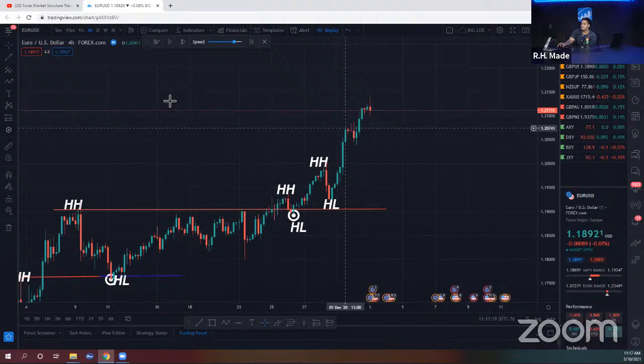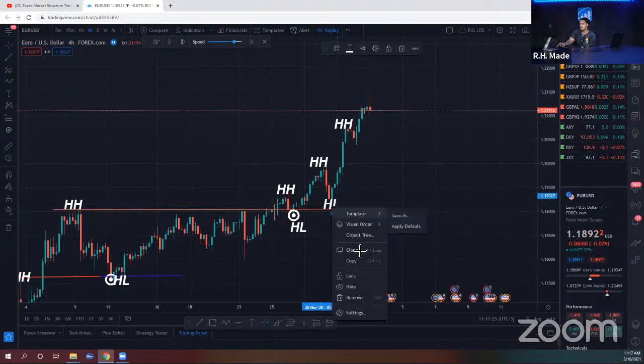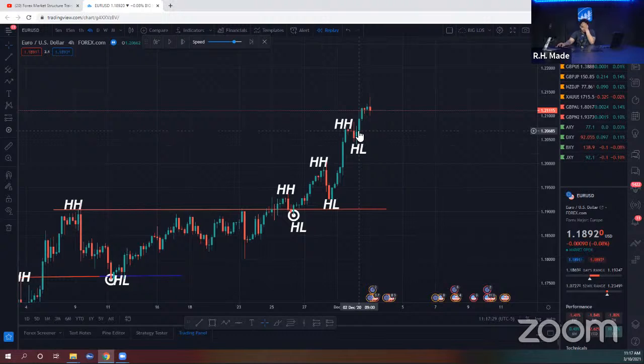Okay, but now it made the higher high right here, and our higher low. It's very, very small. Okay, very close to each other, but it's still the new higher high and higher low. Okay, so now we're waiting for a retest of either the previous higher high or higher low.